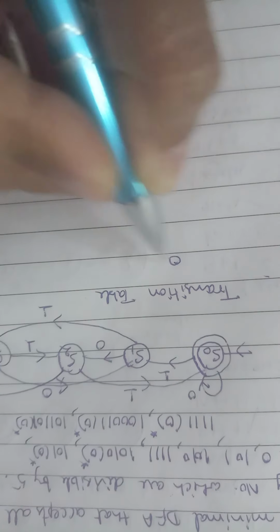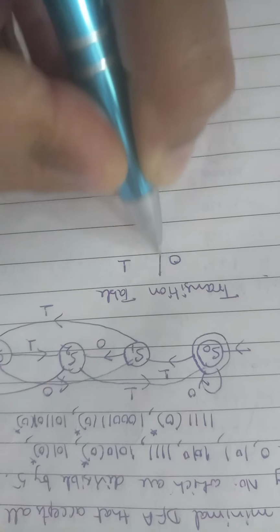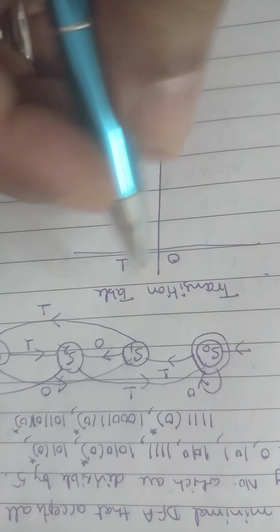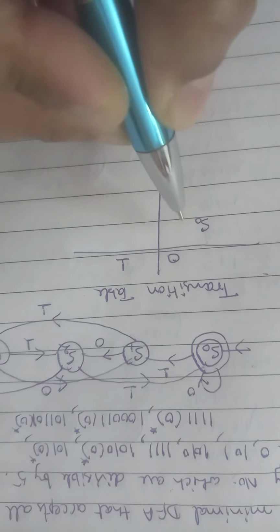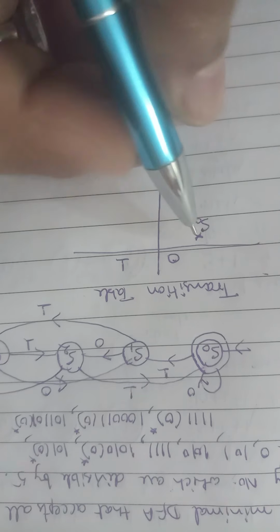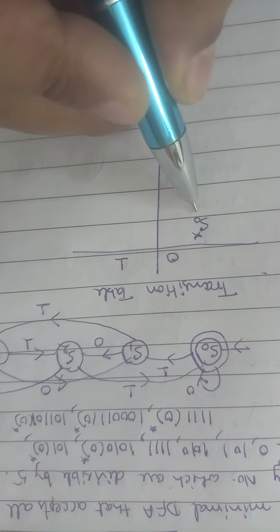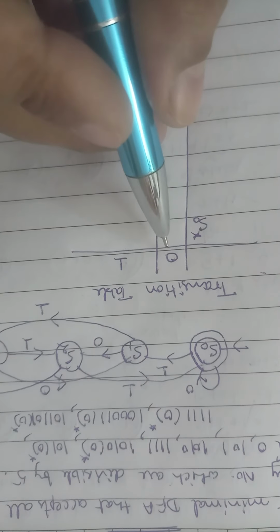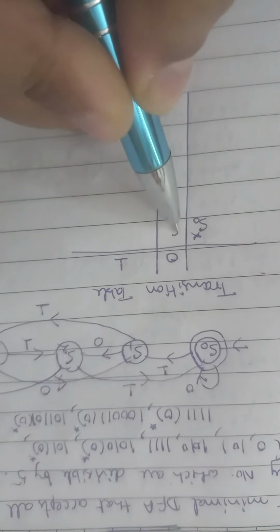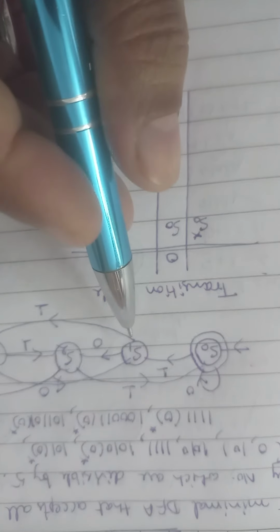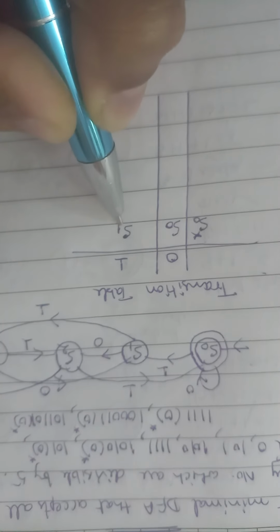We have transitions for 0 and 1, and we start with the S0 state, and because this is the starting state, we mark it with a star. From S0 on 0 we move to S0 only, so we write S0 here, and from S0 on 1 we move to S1, so we write S1 here.